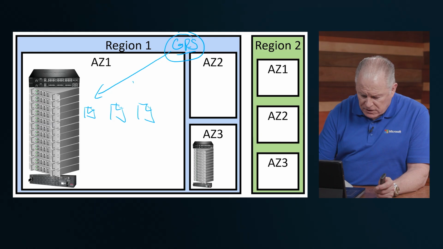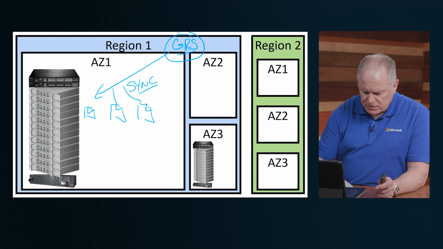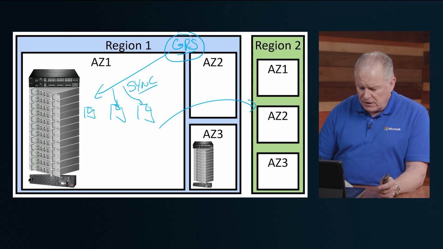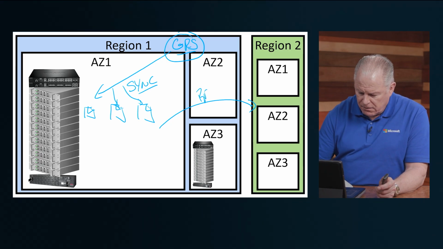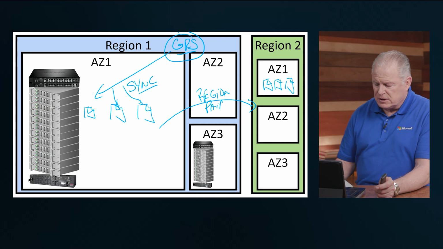And then, remember, these are synchronously written. So all 3 copies are written at the same time. But then what happens is across regions in a thing called a region pair, we now create 3 copies in another data center in a region pair.